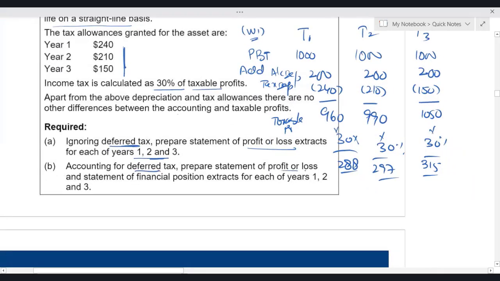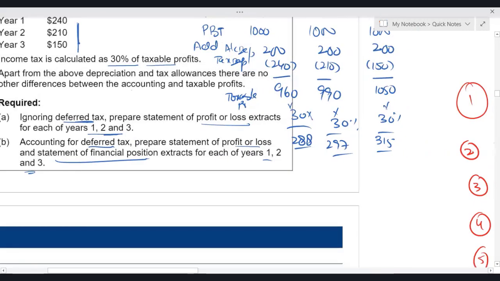Prepare a statement of profit or loss and a statement of financial position extracts for each year, 1, 2, and 3. Now the examiner is asking us to properly go for deferred taxation as well. Let's try then. We have already calculated the income tax: 288, 297, and 315.